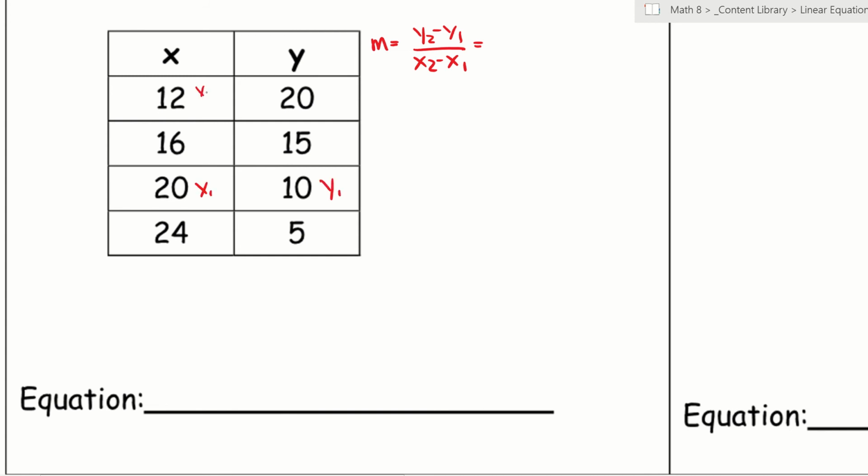Let's say this is my x2 and my y2. 20 minus 10 over 20 minus 12. It doesn't matter what I choose. 20 minus 10 is 10. 20 minus 12 is 8. My slope, therefore, is 5/4.